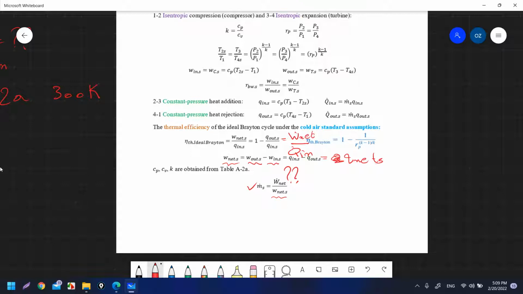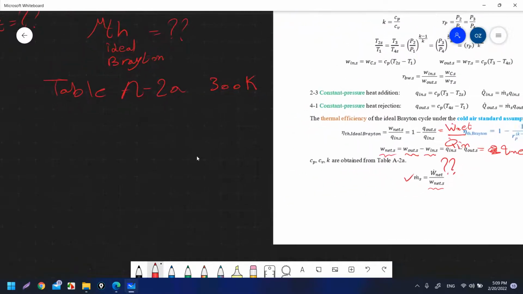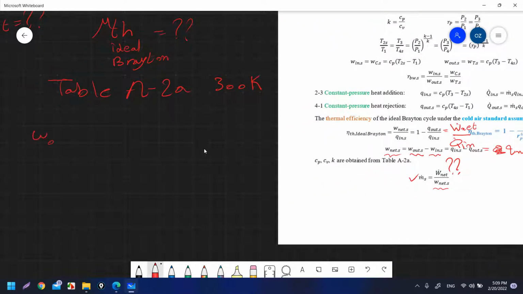For the turbine work out, this is the equation, Cp times (T3 minus T4s). So we have that w out s is equal to Cp (T3 minus T4s).